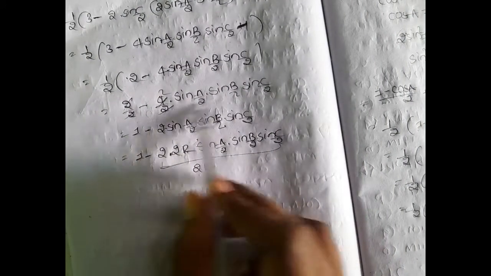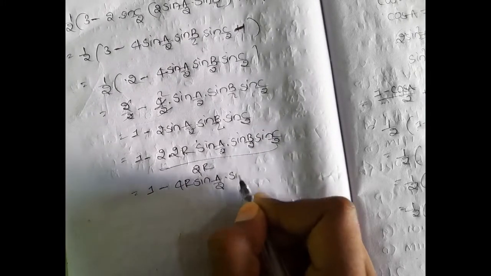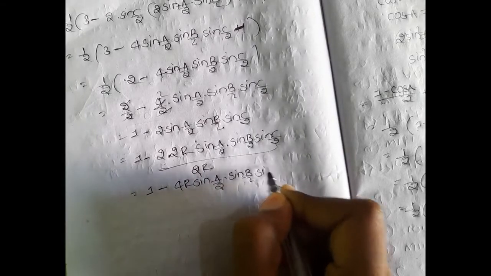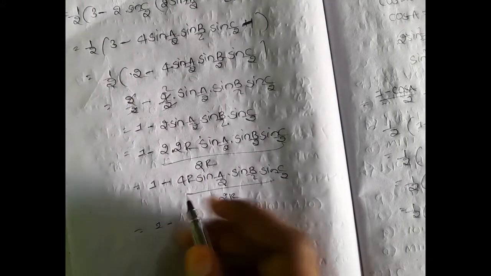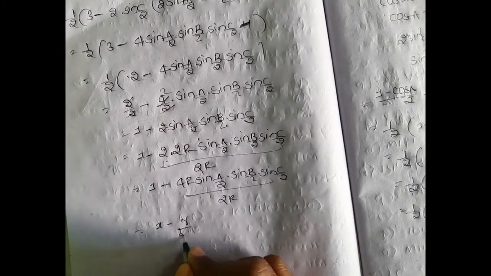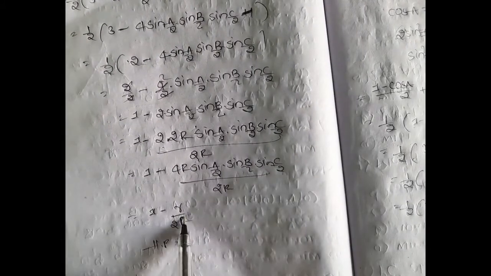Then only it will become the same thing. Now 1 minus 4R sin a by 2, sin b by 2, sin c by 2, over 2R. Now what is 4R sin a by 2, sin b by 2, sin c by 2? It is small r. So 1 minus r by 2R. Hence proved. This equals RHS and hence proved.